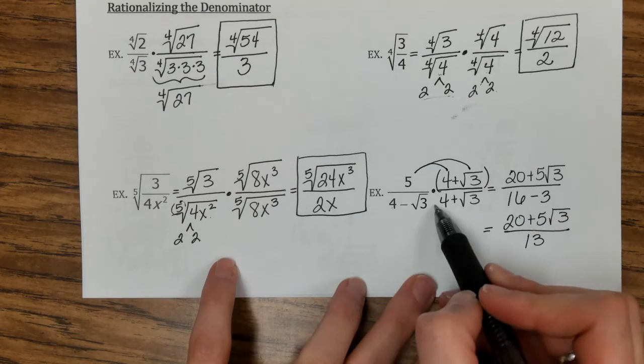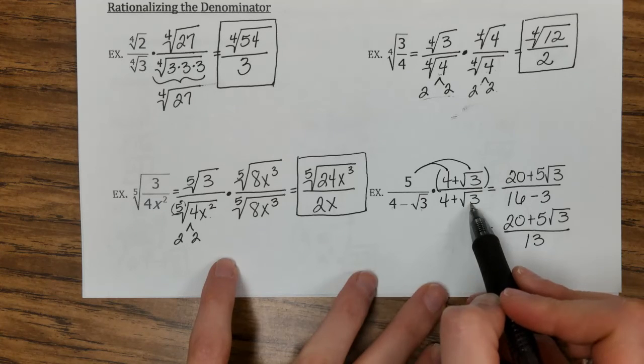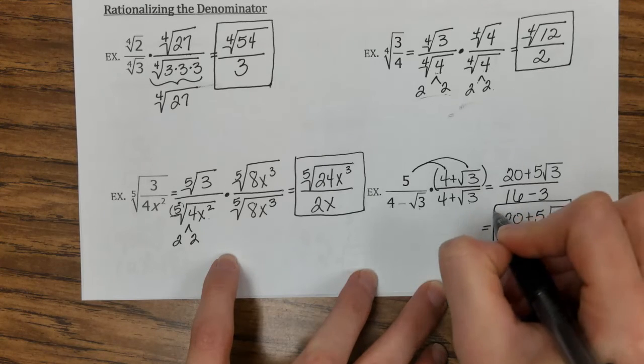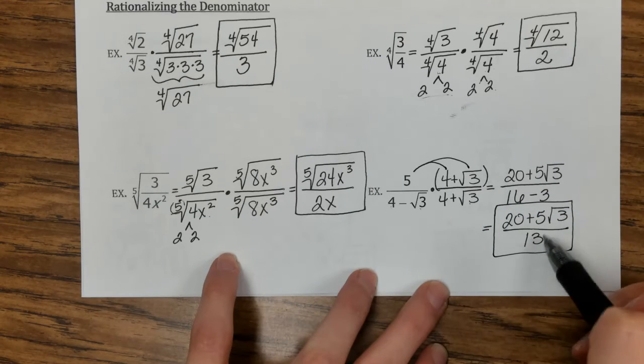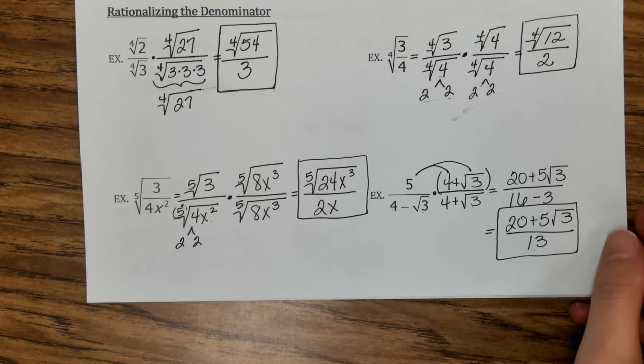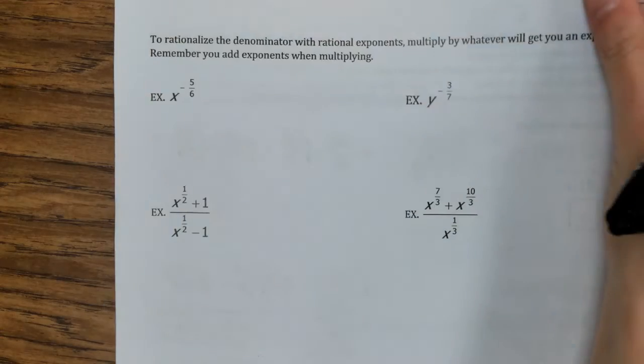Alright, because you have 4 times 4, which will give you your 16, and then square root of 3 times square root of 3 gives you your 3. You would check to see if those 3 numbers could simplify. You've got a prime number in there, so you can't. Y'all good? Okay.